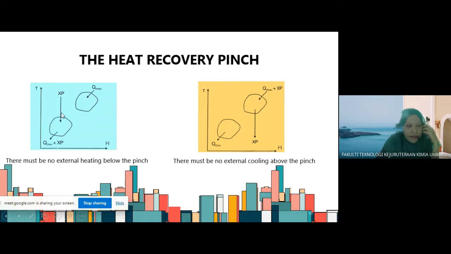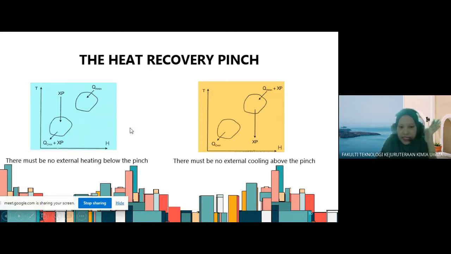Why? Because if you supply external heating below the pinch, this will result in an increase of the same amount of energy in your QC min. That's why you cannot maximize the energy recovery if you have external heating below the pinch.